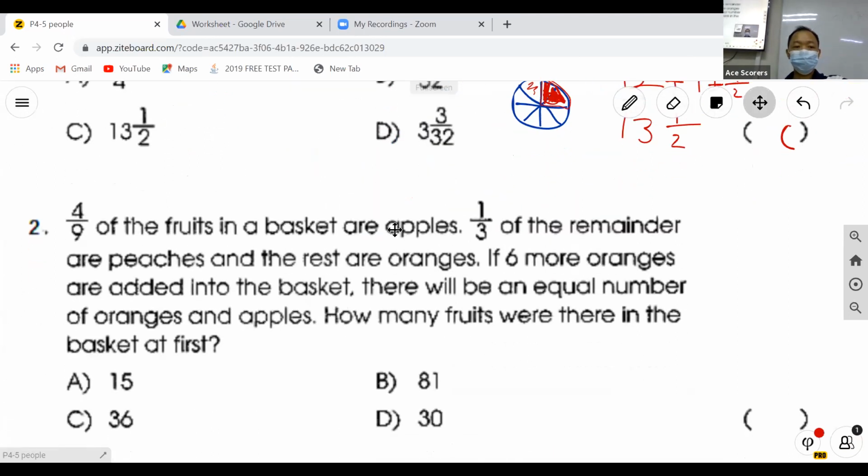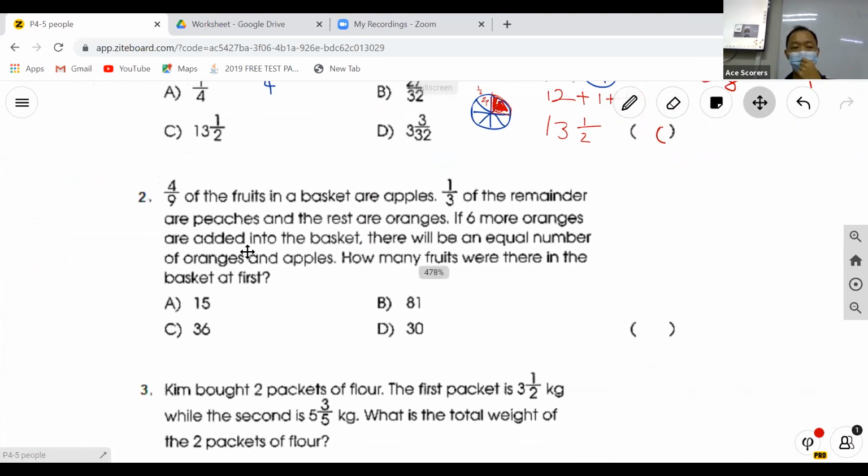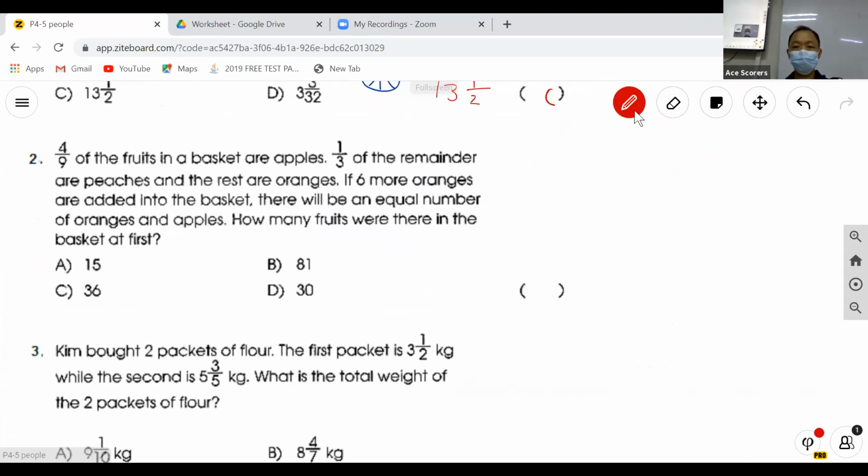Next one. So 4 out of 9 of the fruits are apples. 1/3 of the remainder are peaches and the rest are oranges. If 6 more oranges are added in the basket, there will be equal number of oranges and apples. So it's looking a little confusing already. So 4 out of 9 are apples. So what this means is I have apples, peaches, and oranges.